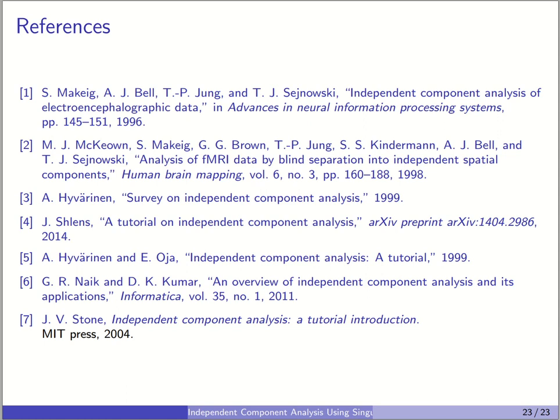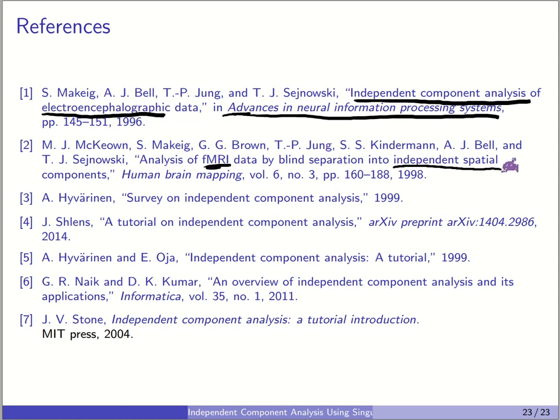These are the references. The first paper is ICA on EEG, published in the NeurIPS conference, and there is also ICA on fMRI. The third paper is a survey on ICA.